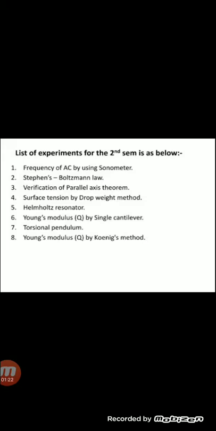Sixth one is Young's modulus, that is small q. You have already discussed it in the elasticity chapter last semester. Here you are going to calculate Young's modulus q by single cantilever. And the torsional pendulum, and the eighth and last one is Young's modulus small q by Koenig's method.